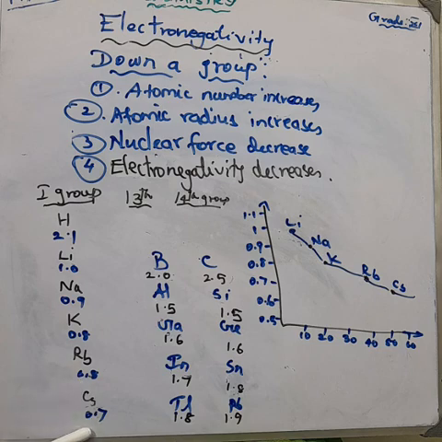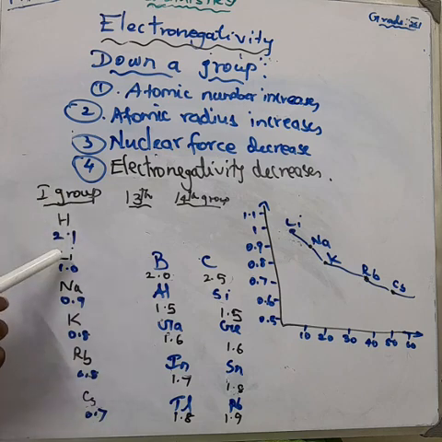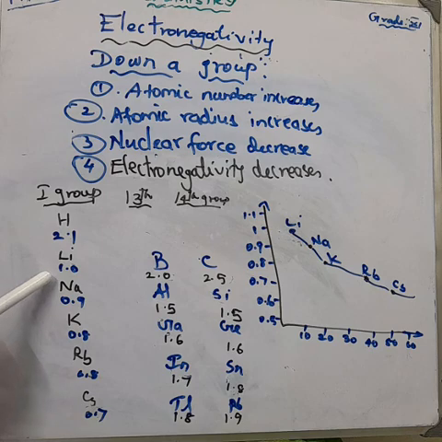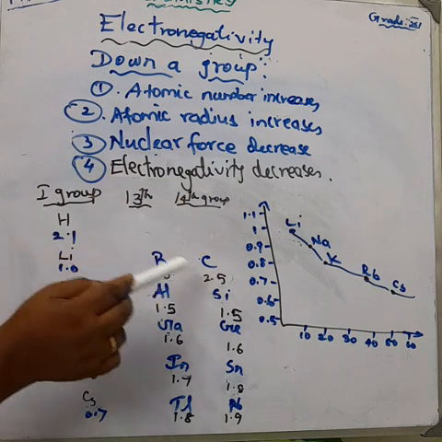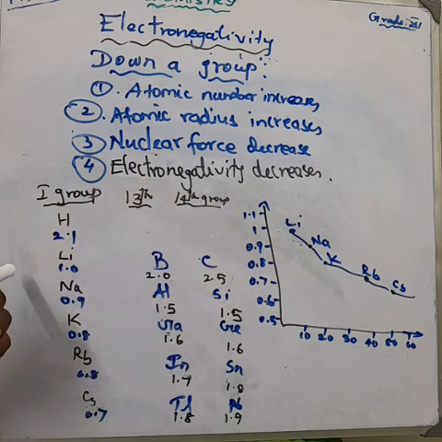This is the decreasing order of electronegativity. So from this we learn that when moving from left to right in a period, electronegativity values increase, and when moving down a group, electronegativity gradually decreases.